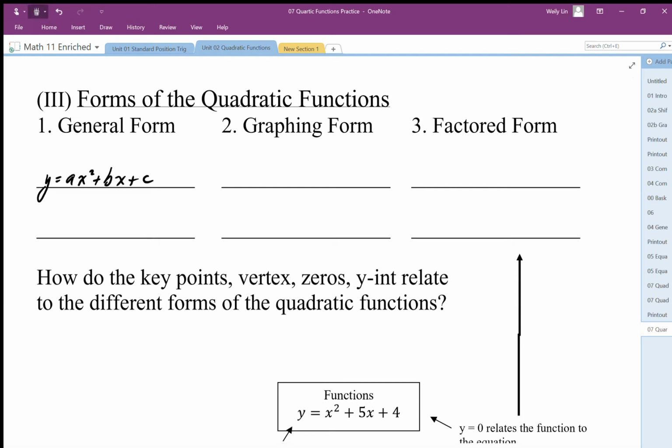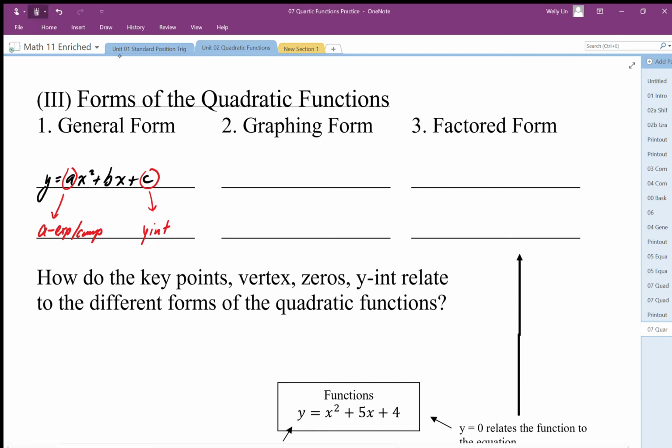And really the general form, as all forms, gives us the a value, the expansion compression factor. And it also tells us the c value, which is the y-intercept. And so this is probably the least useful form.